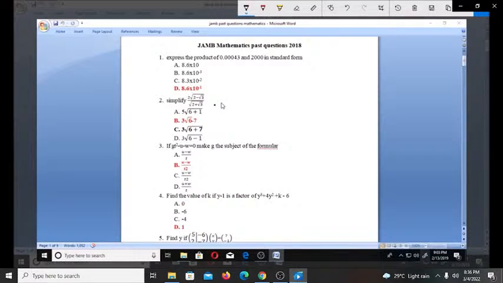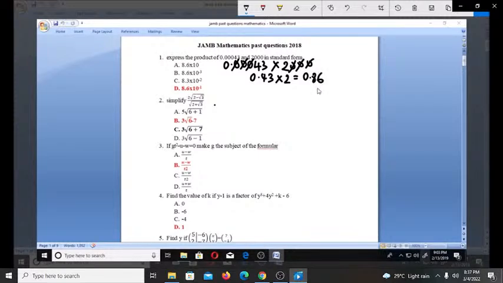So to get the product, we have 0.00043 times 2000. Naturally, if you want to multiply a decimal with a normal number like this, this goes with this, and this goes with this, so that you now have only 0.43 times 2. And we know that 0.43 times 2 is 0.86.